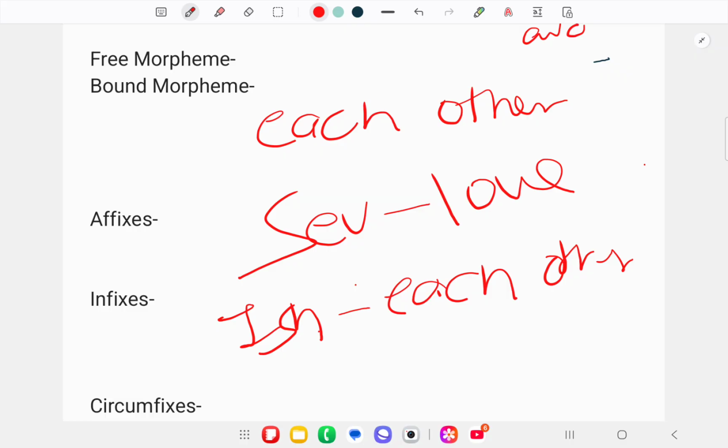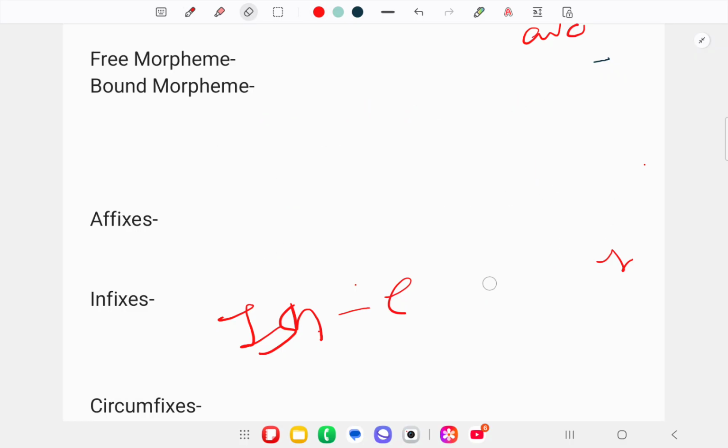Next, we have one more important point. We will talk about the language of South America, the forest of the Amazon. In South America, especially in Peru, an Arawakan language is spoken.